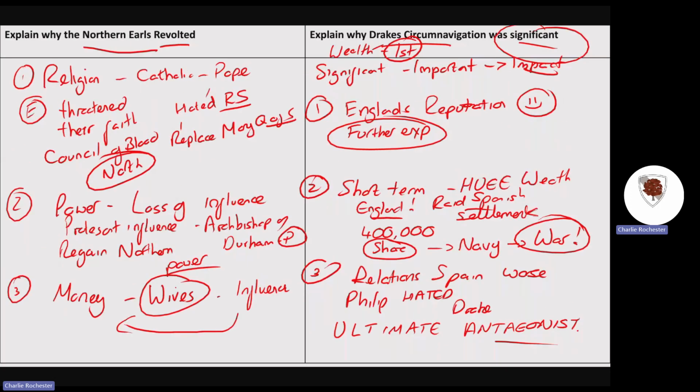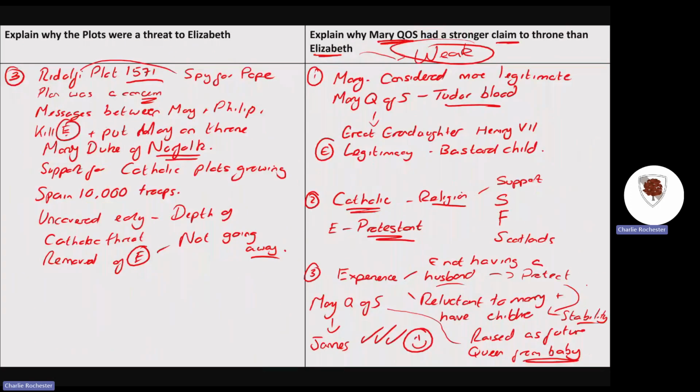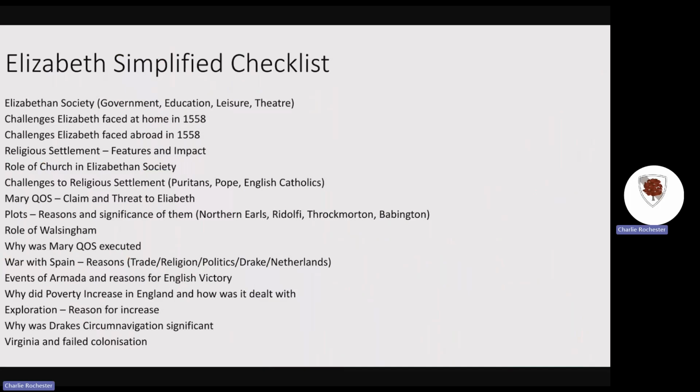Now, just going back to the first page, we've covered theatre, covered the religious settlement, covered the role of the church, covered Mary, Queen of Scots, looked at the plots, we've looked at Walsingham, looked at why Mary was executed, we've touched upon why there was war with Spain, poverty is in this video, reason for exploration increasing, and why Drake's circumnavigation was significant.